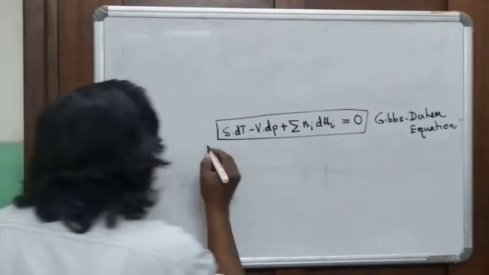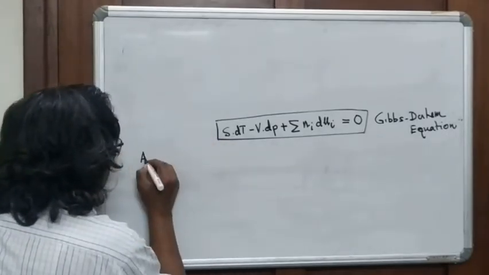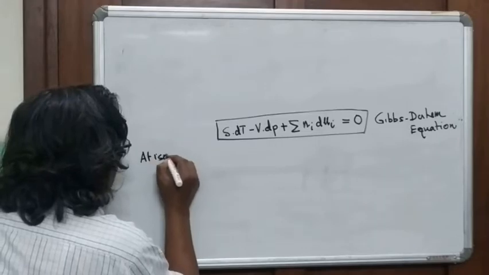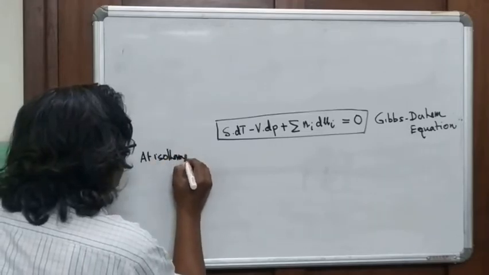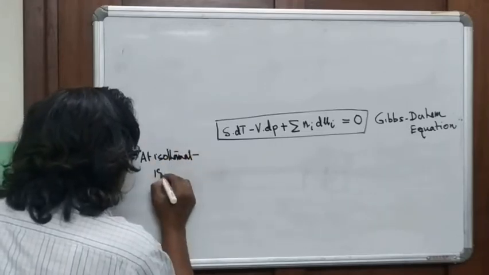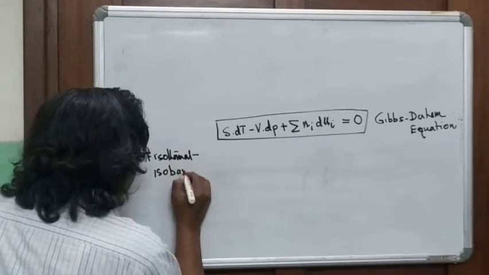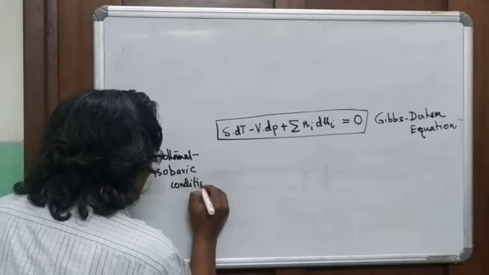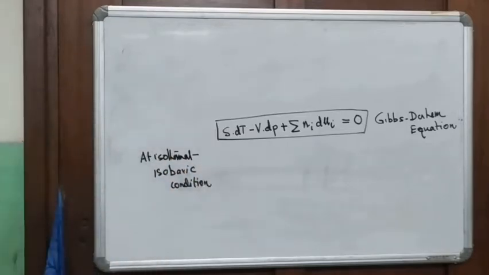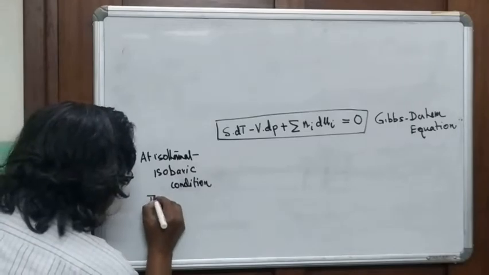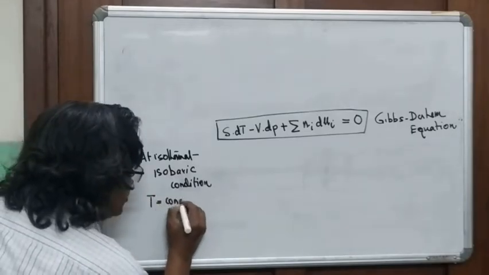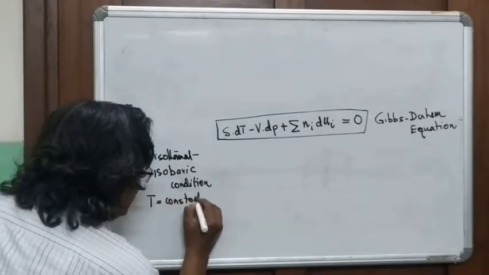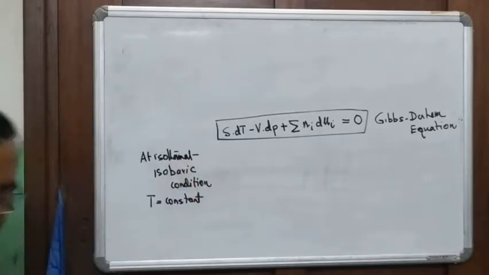Now, at isothermal isobaric condition, what does that mean? That means P is a constant because it's known. You have said that T is known.